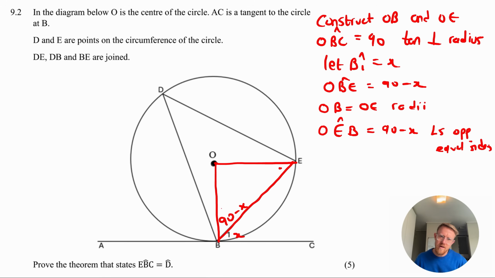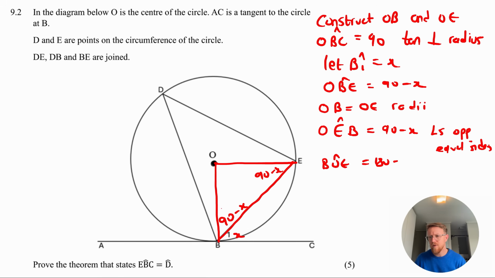Then we use sum of angles in a triangle to find this angle here. So angle BOE, which is this one, is going to be equal to 180 minus 90 minus x.